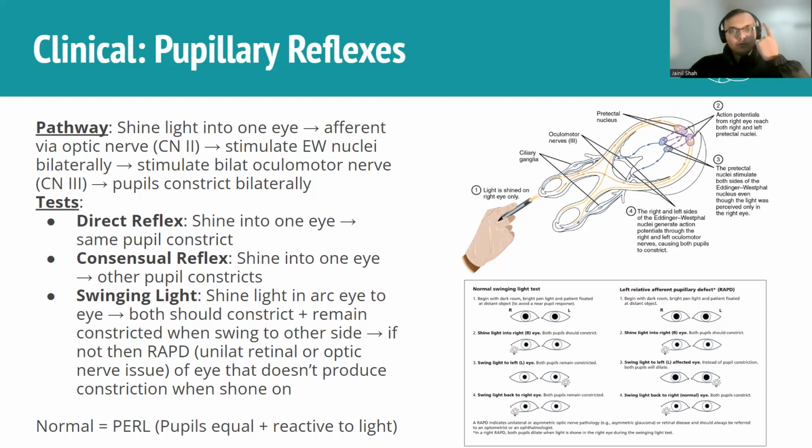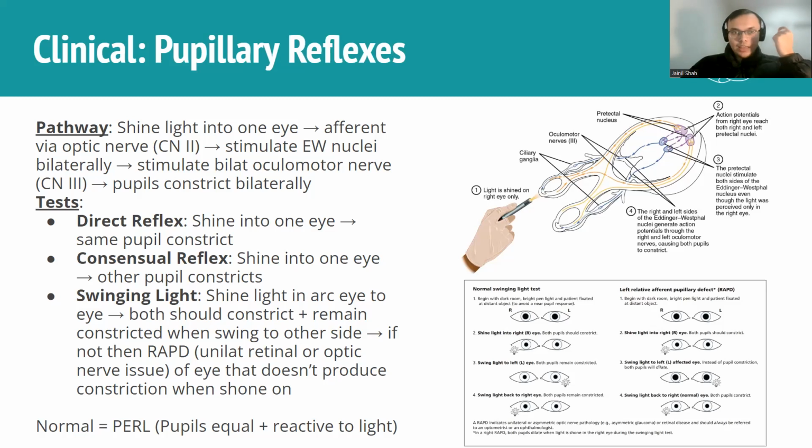You shine light into the left eye, for example, while covering the right eye so it is not receiving any light, but it still constricts. So you have both eyes constricting even though you're only shining light into one eye. The swinging light test is where you shine light into both eyes by moving the light from side to side between each eye.